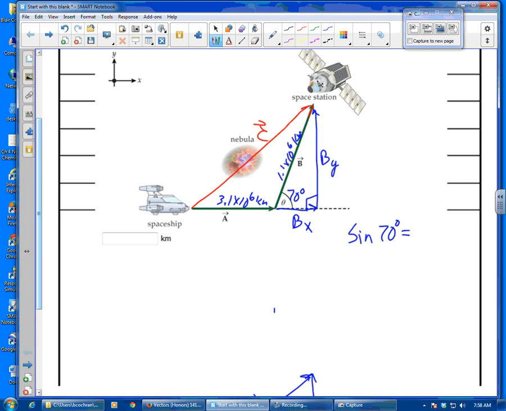So sine is opposite over hypotenuse. The opposite is B sub y. The hypotenuse is 1.1 times 10 to the 6th kilometers. Rearrange this so I can get B sub y by itself. I get 1.1 times 10 to the 6th kilometers sine of 70 degrees equals B sub y.